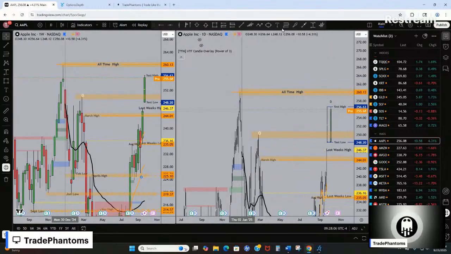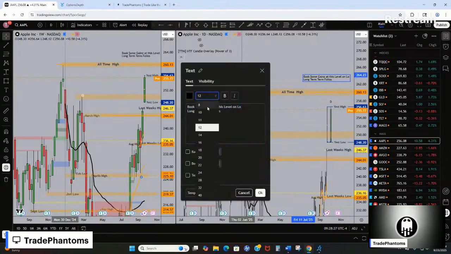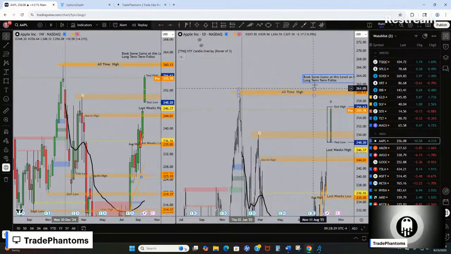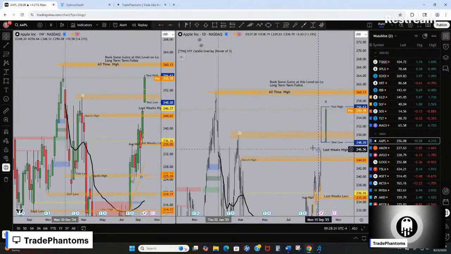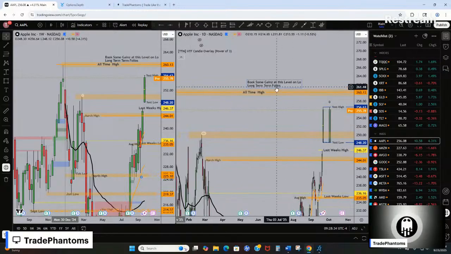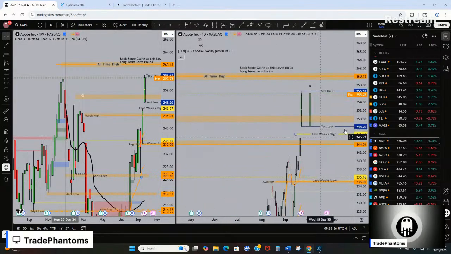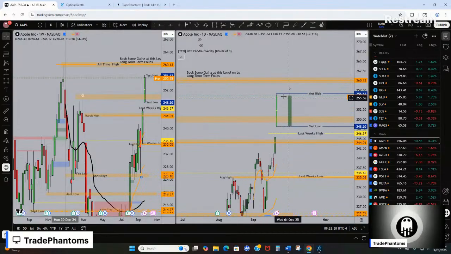No. But I am going to be taking some profit, booking some gains at this level on the long-term portfolios. I even shaved out a little something yesterday as well. In this massive pump, I just hit the button, shaved out a couple shares there. Today we'll see if we get continuation on that.